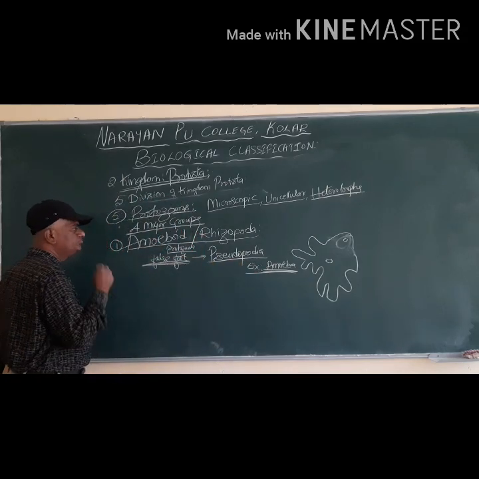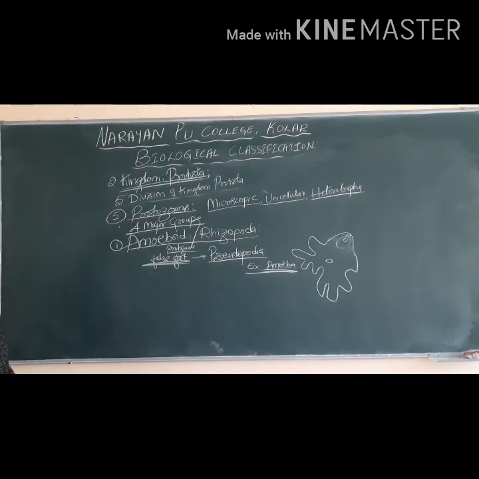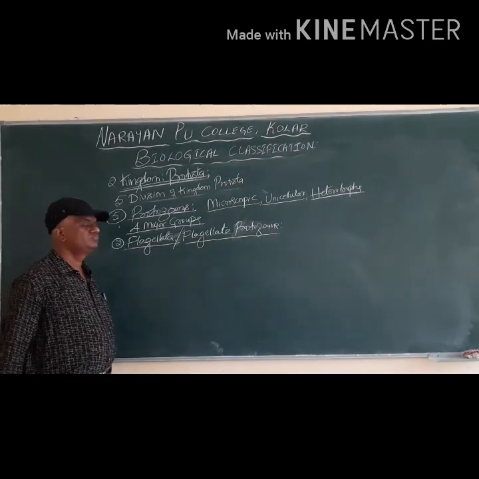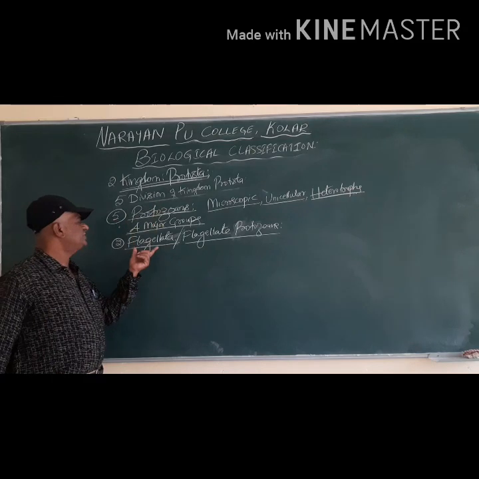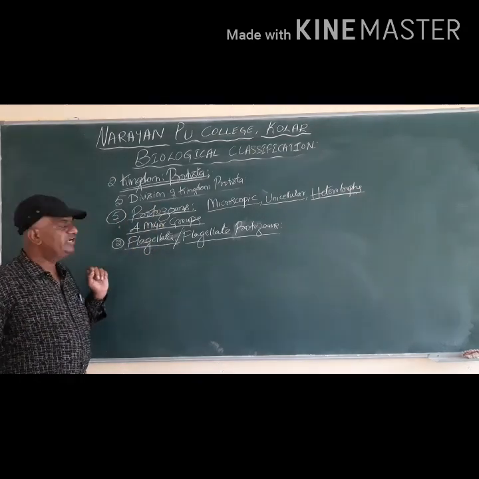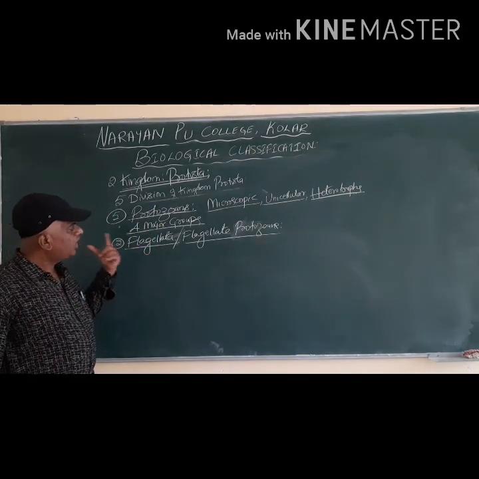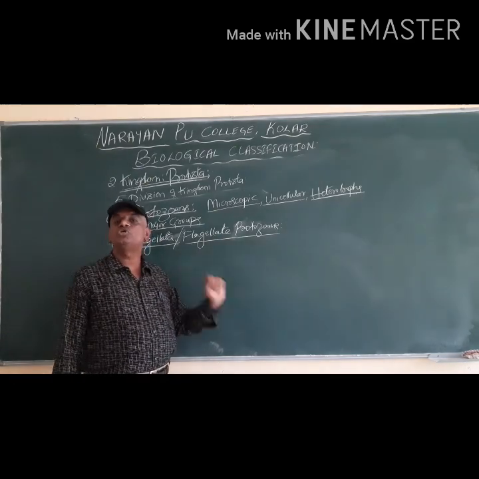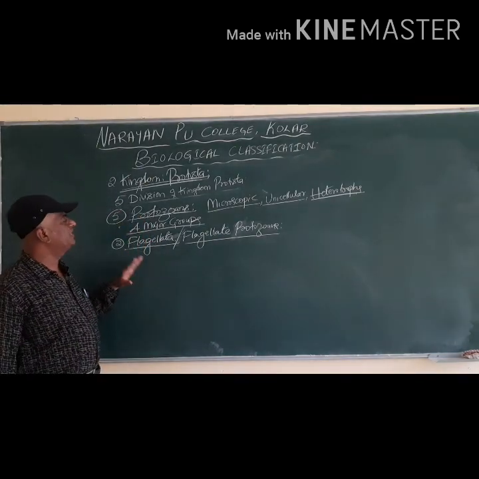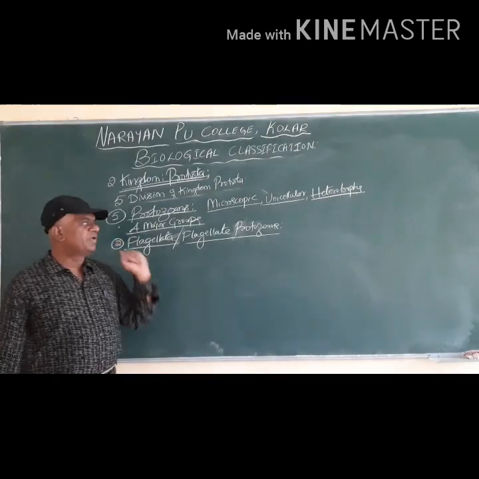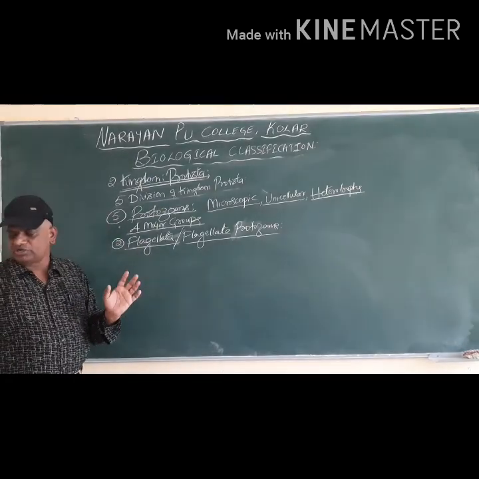So we go for the next one, the second group, called flagellata. Flagellates or flagellate protozoans are microscopic unicellular organisms.